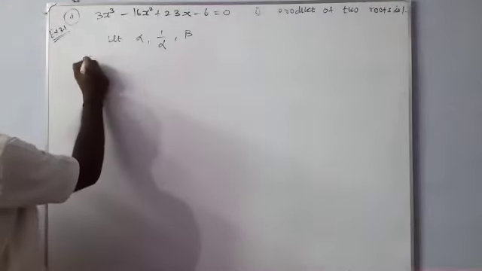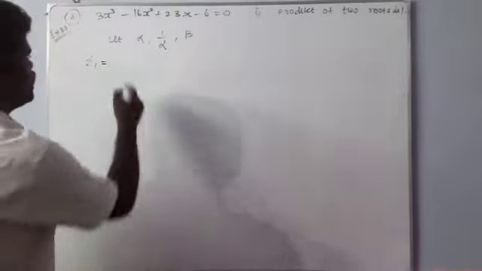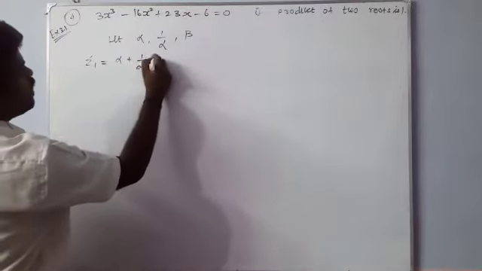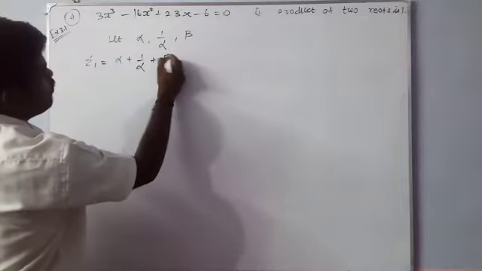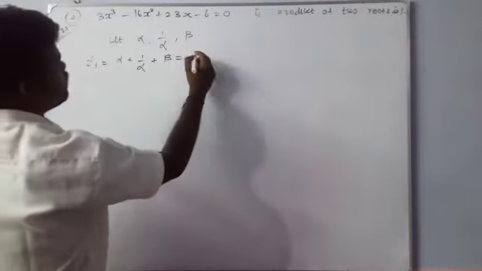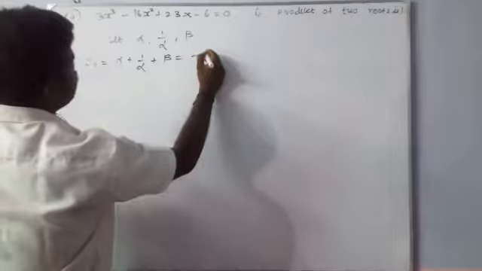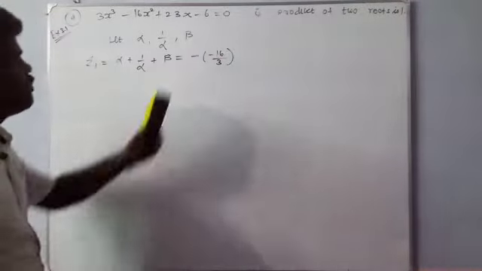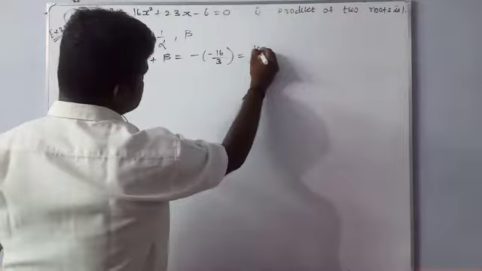Now summation 1 is the sum of the roots: alpha plus 1 by alpha plus beta equal to minus b by a, minus of minus 16 divided by 3, which is equal to 16 by 3.